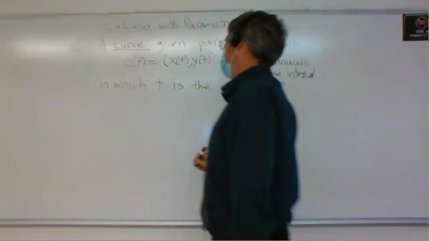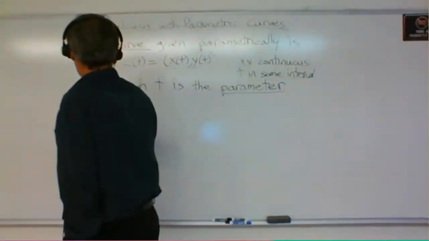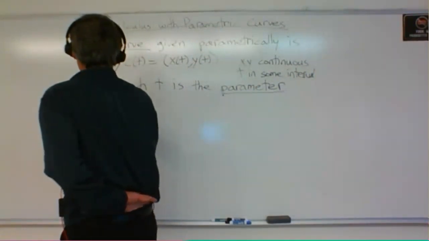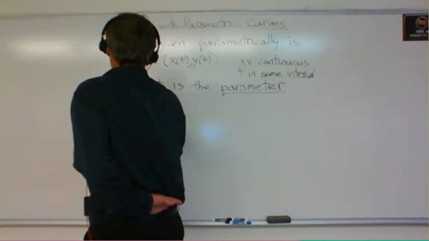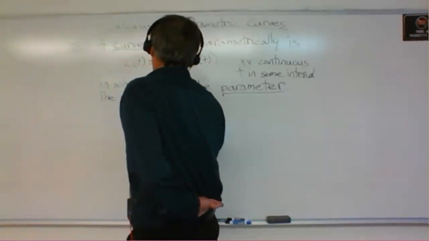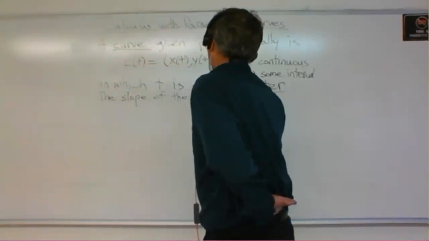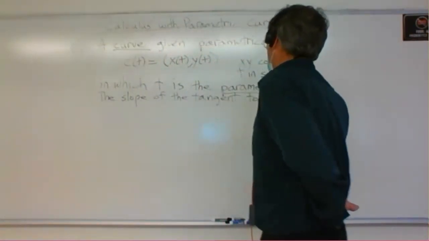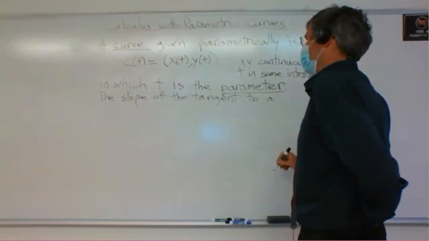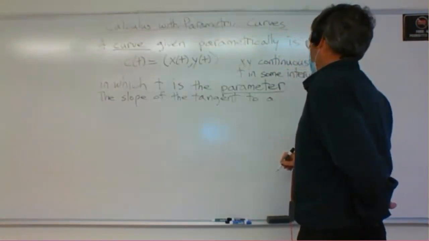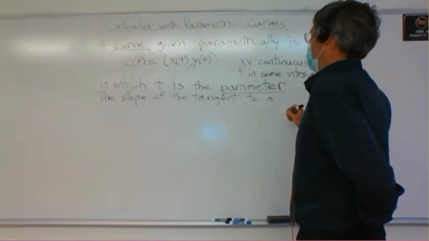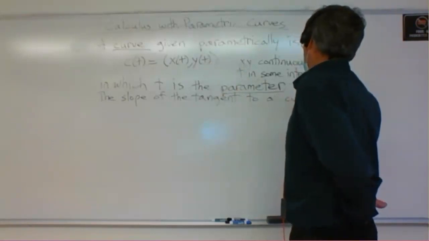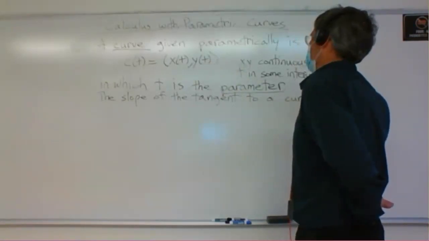Now, one thing we said right at the end last time, the slope of the tangent line to such a curve can be calculated, provided that the functions x of t and y of t exist.